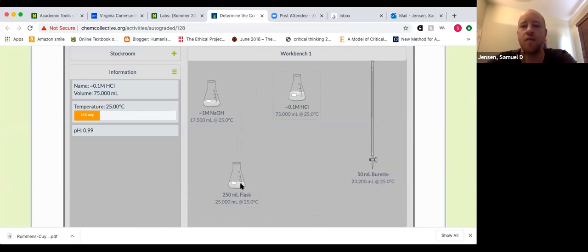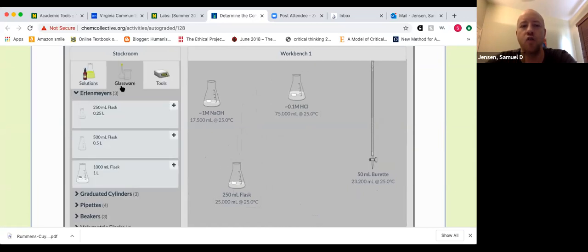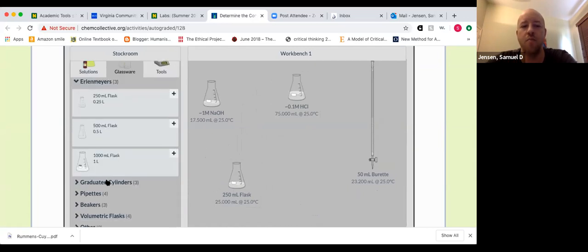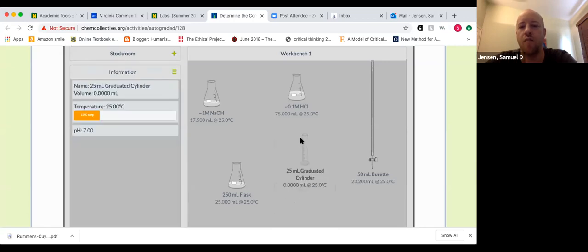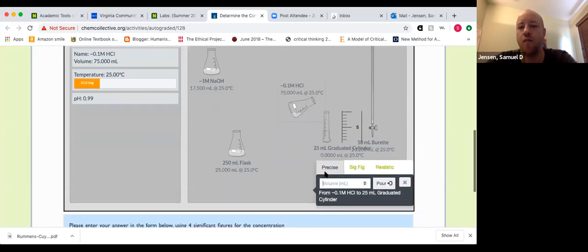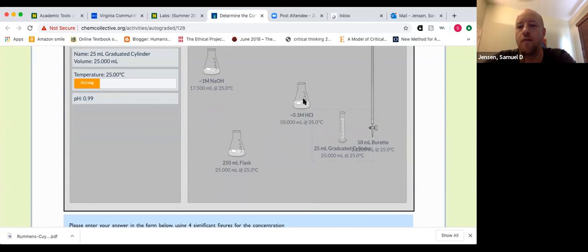That doesn't work in the real world. You have to use an actual piece of glassware that measures 25 milliliters, so you would have to use a 25 milliliter graduated cylinder first if we were doing this in the real world.